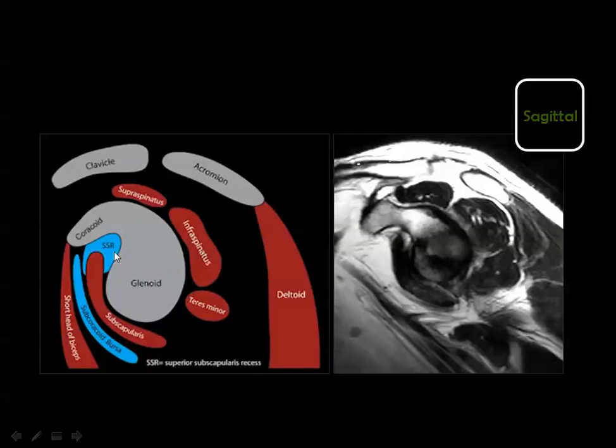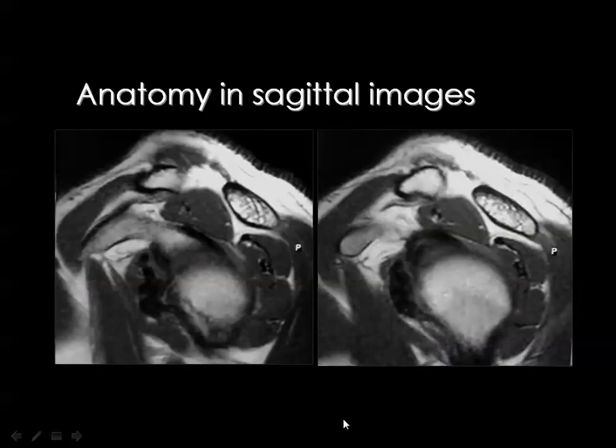But the subscapularis bursa is located outside the subscapularis muscle here. And the subcoracoid bursa is located outside the subscapularis muscle, as you can see here. And you assume that the subcoracoid bursa will be located in this anatomic site.